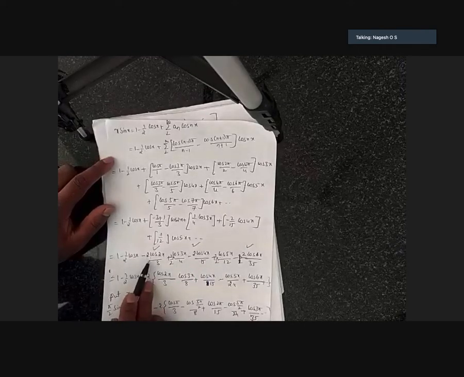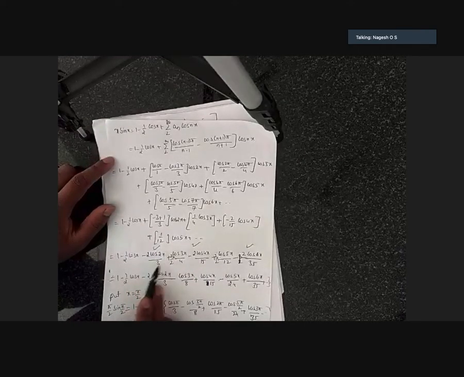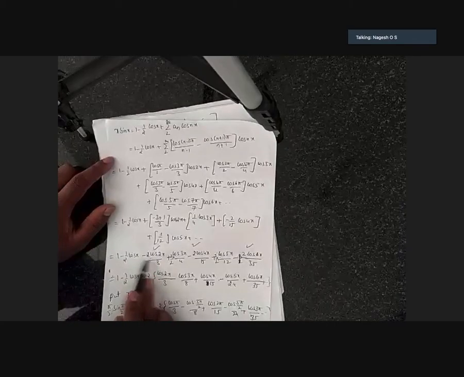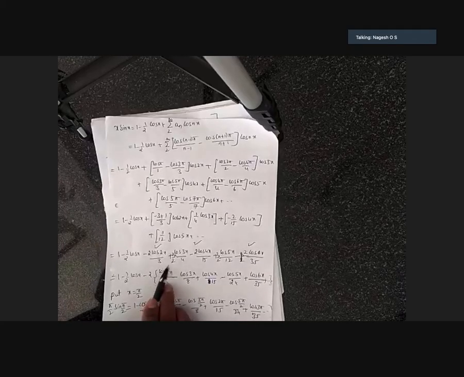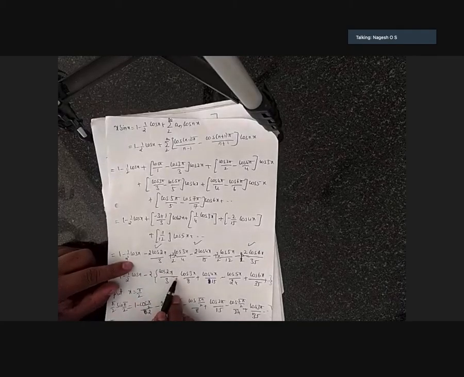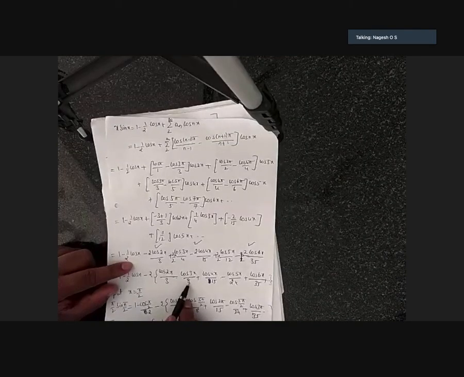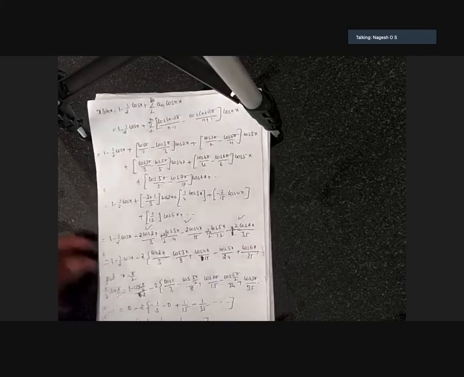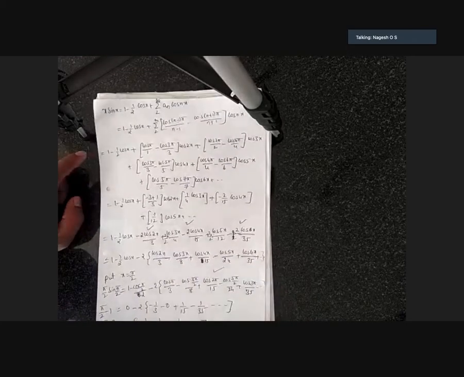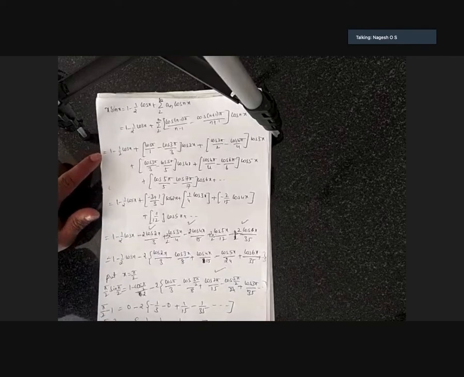What happens? Here 2 cos 2x. In that, if you take minus 2 common, cos 2x by 3. Here, if you take minus 2 common, it will become minus cos 3x by 8. Okay, similarly, take minus 2 common in all the terms. This will be left.